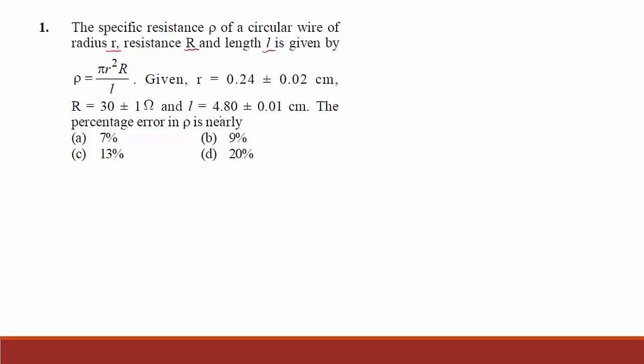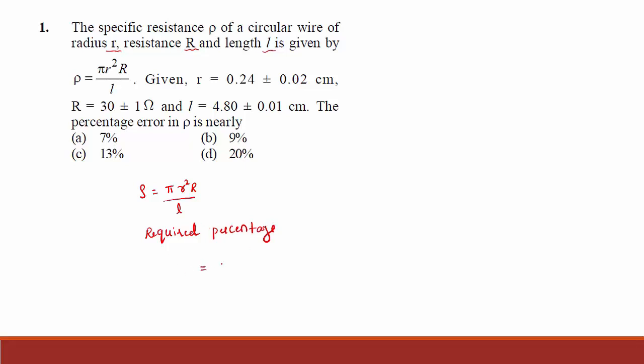The required percentage, so we have the equation rho equal to pi r square R divided by L. This is the resistivity equation, specific resistance. I am going to write the required percentage error.